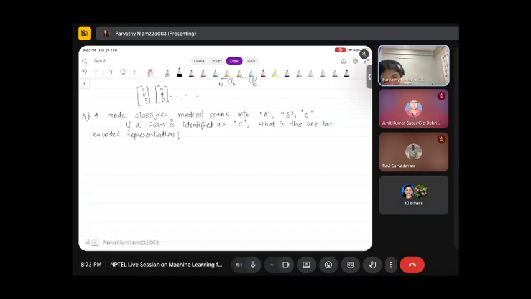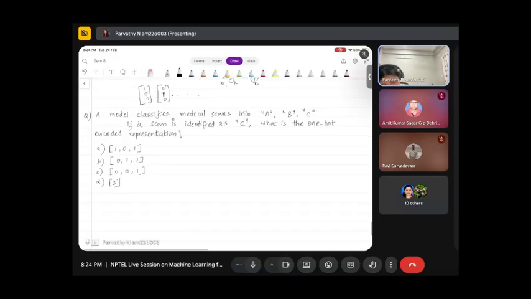So if class C is there, then what is the one hot encoded representation of it? Yeah, so that will be 001.